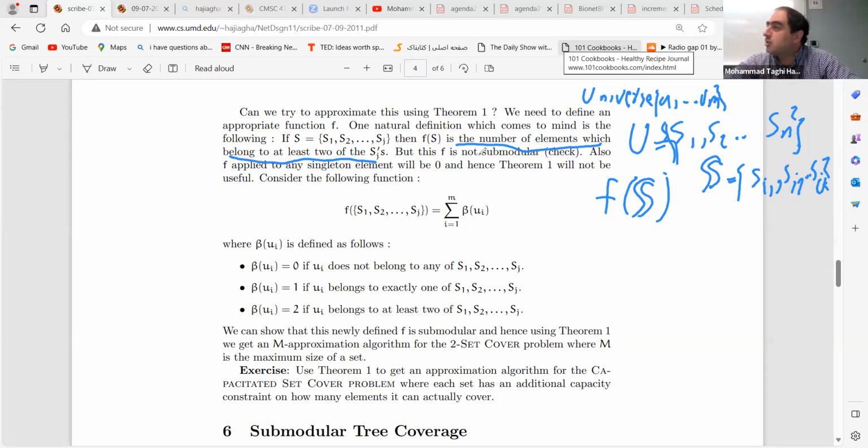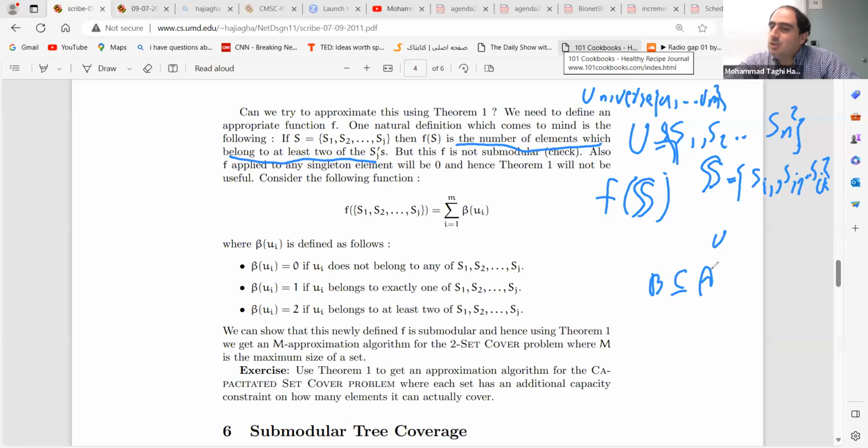Why is F not submodular? Because it might be the case that, for example, there is one element U that is covered. So why is this not a submodular function? Consider B, which is a subset of A, correct? In A, this U is covered by one of these sets, but in B, it is not covered by anything.